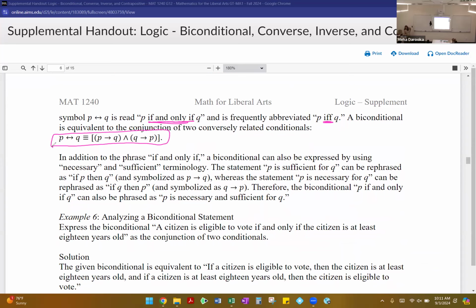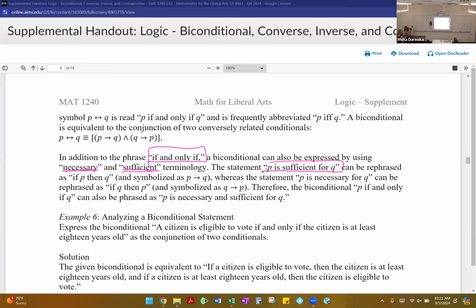So let's take a look at this example 6 over here. Oh, and in English, there are multiple different ways that you can write the if and only if statements. Of course, we have the most common one, but you will also see we can use the terms necessary and sufficient when we're describing these statements.